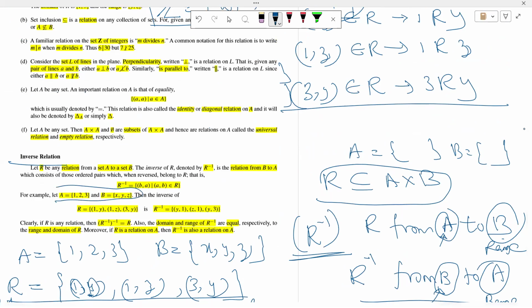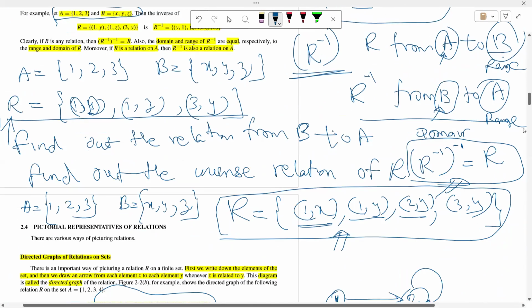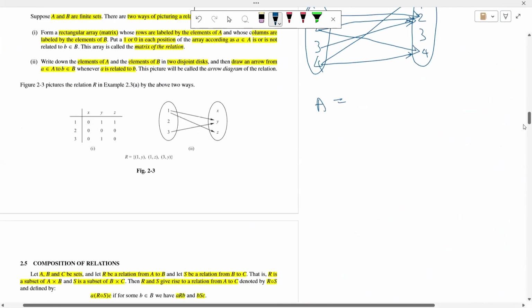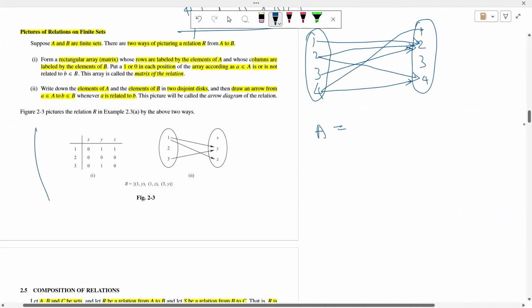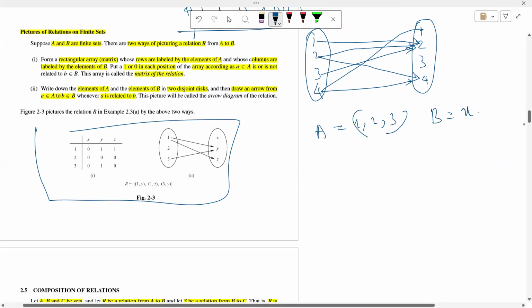Now we will look at this: A is 1, 2, 3, B is X, Y, Z, right? By using these, we try to plot these two. So these are the two sets. A is a set with 1, 2, 3. B is a set with X, Y, Z, right?